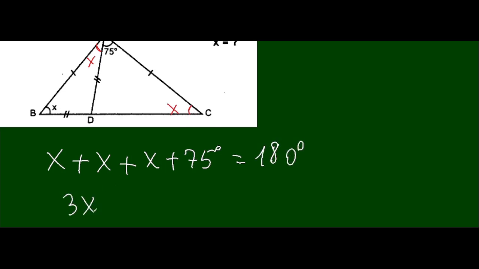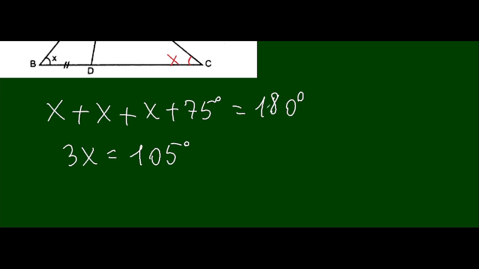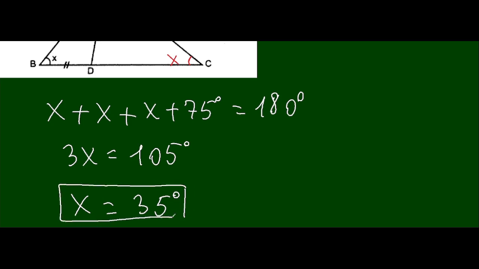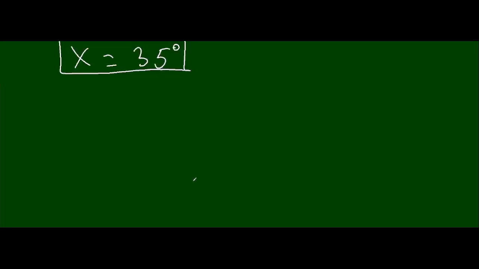So 3x will equal 105 degrees. This 3x has to be 105 degrees in order to get a sum of two numbers, 75 degrees and 105 degrees, to give us 180 degrees, where we can find x, and it will equal 35 degrees. I guess you understand.